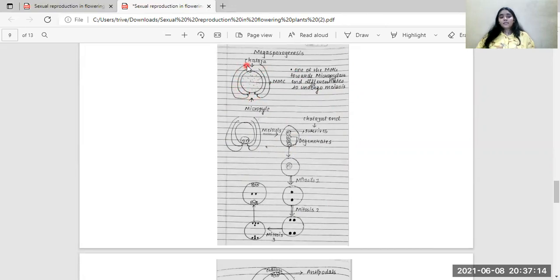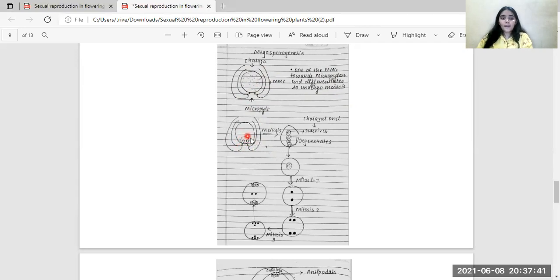This is the chalazal part, and this is the micropylar end. Only one of the MMCs towards the micropylar end differentiates to undergo meiosis. So there are many MMCs, but only one of them, and that too from the micropylar end, will undergo meiosis.